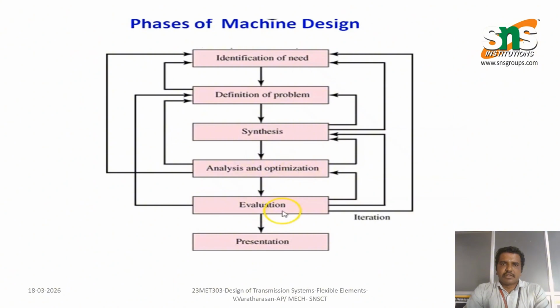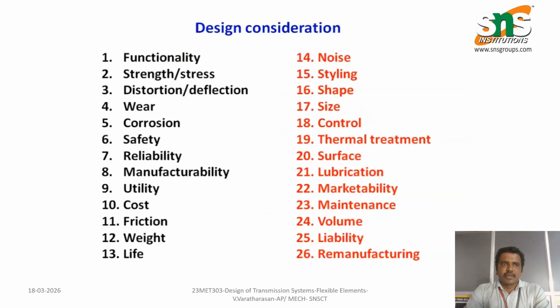Here we saw the different phases which are useful for designing any element. Now in this video we are going to see the design considerations, what we must consider when we design any component.